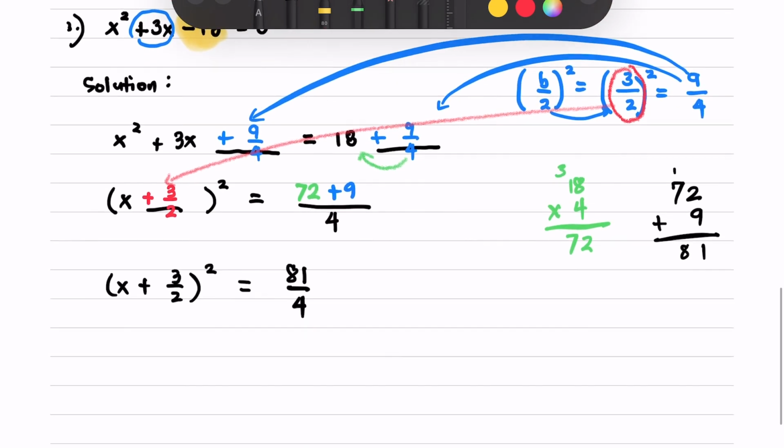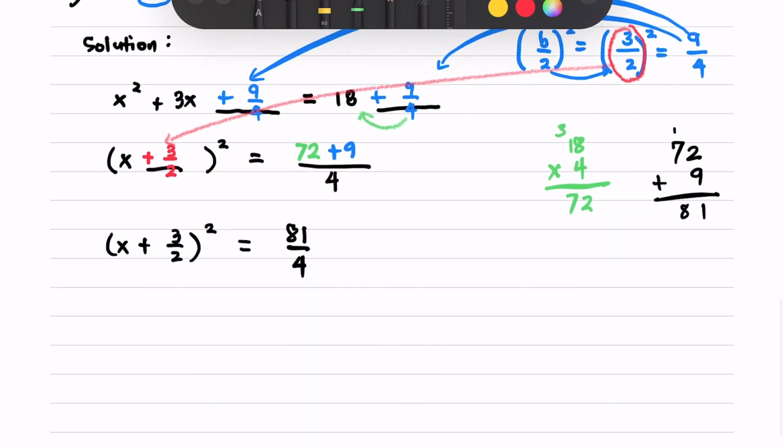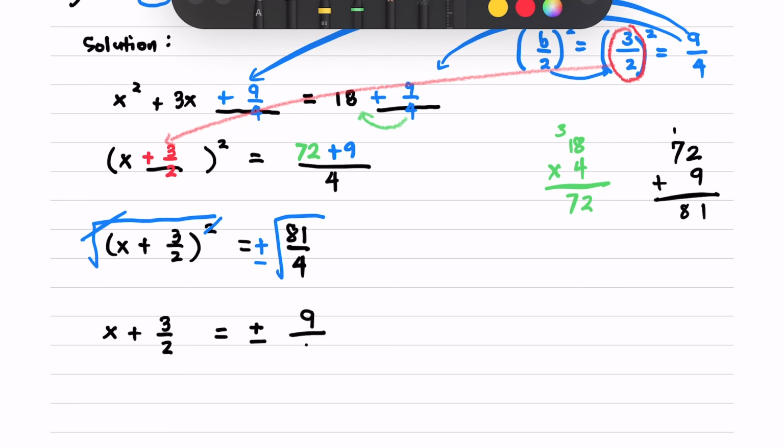Okay. So, next is we're going to apply extracting square root or the square root principle. So we will put a square root on both sides. So we need to cancel this. Ang may iwan na lang is x plus 3 over 2 equals positive, negative. So, kailangan natin kunin yung square root ng 81. So, square root of 81 is 9 over yung square root ng 4, that is 2.